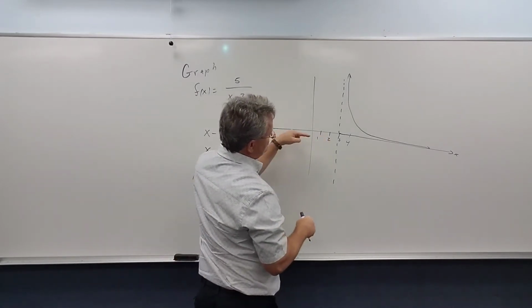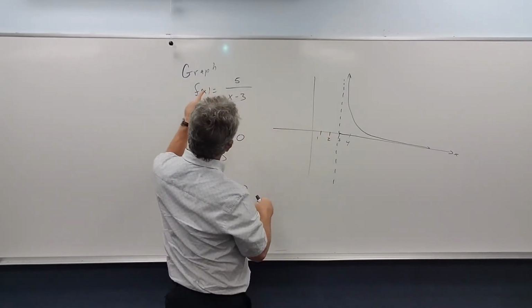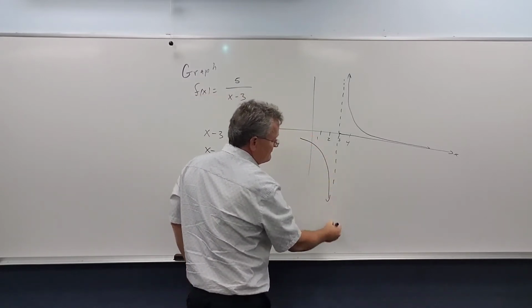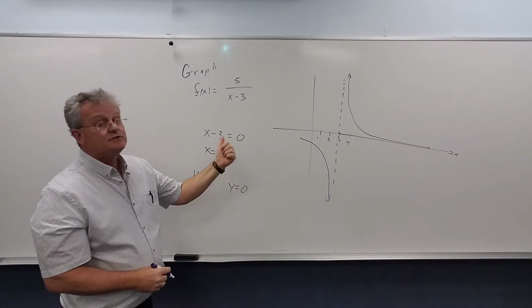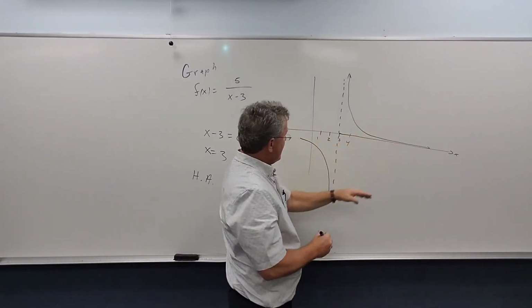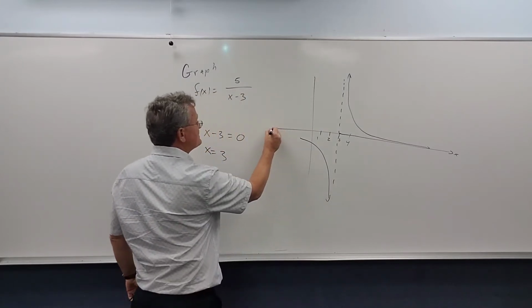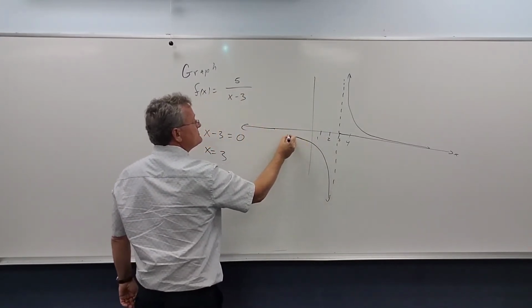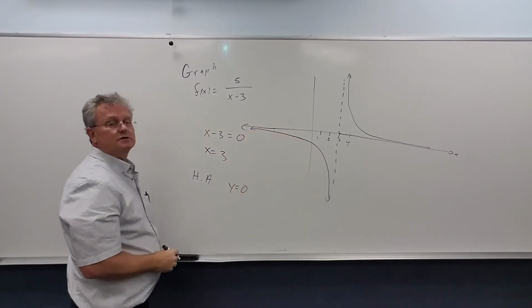So as we approach 3 from the left, y goes to negative infinity. Similarly, our horizontal asymptote is y equals 0, which is the x-axis. So this is going to go like this.